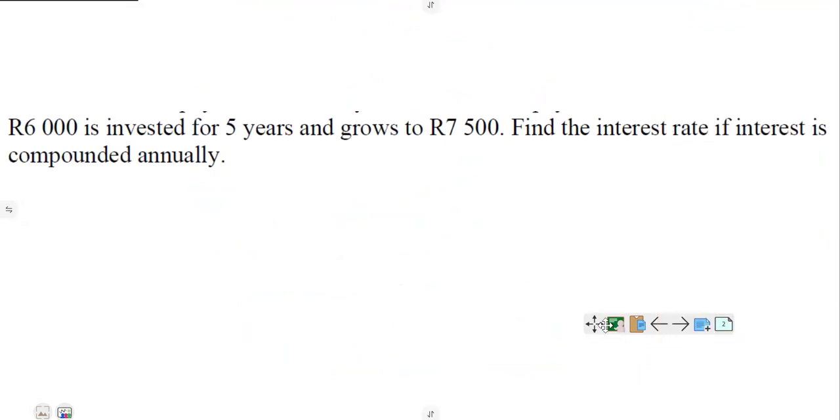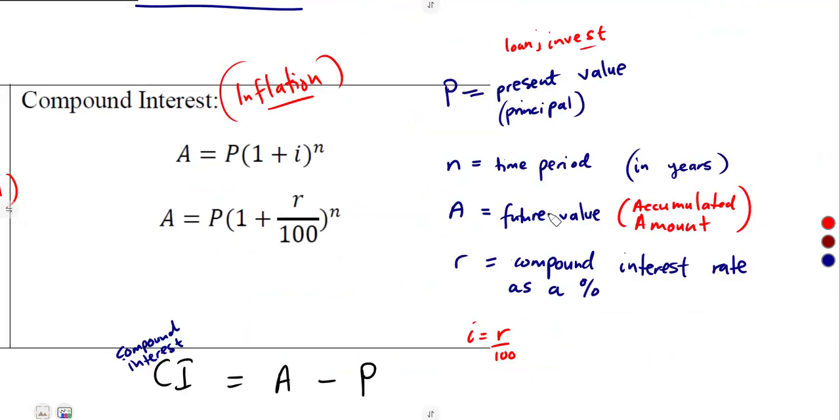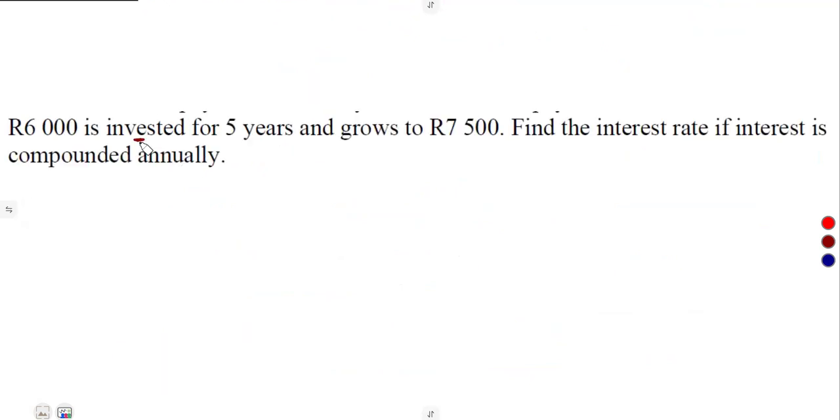All right. Moving on to another one, we have got 6,000 rand is invested. The money invested is called the principal, the present value. So we have P given according to our information or data. The principal is 6,000 rand.